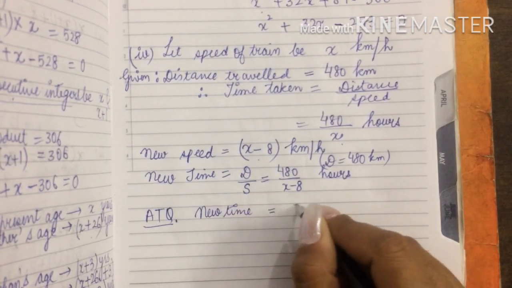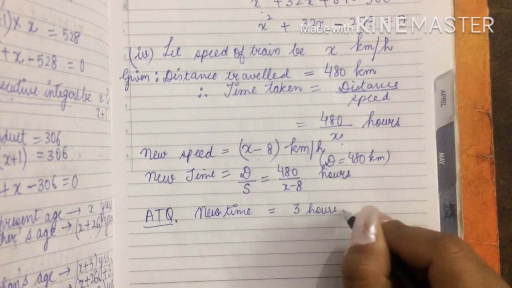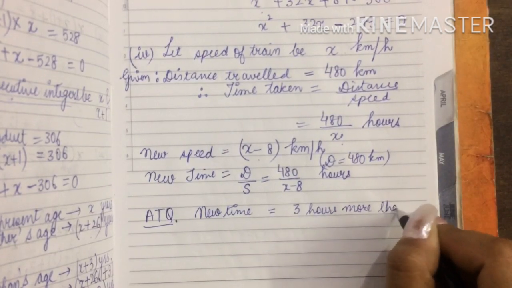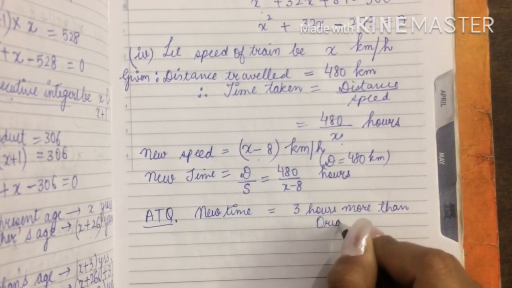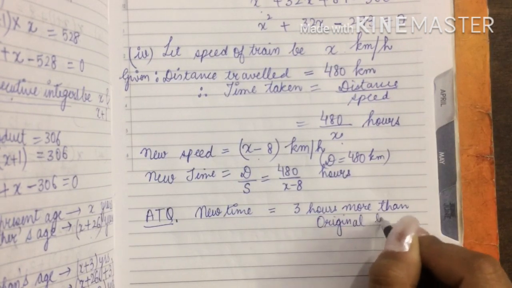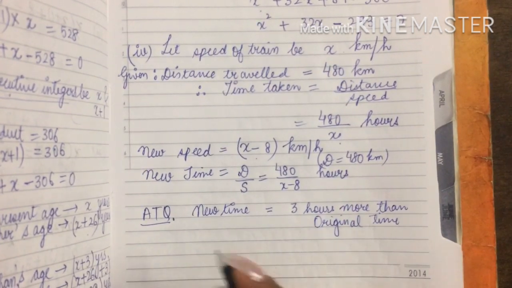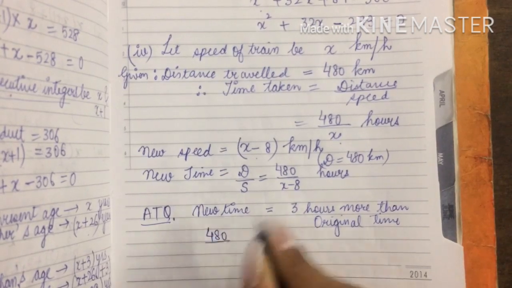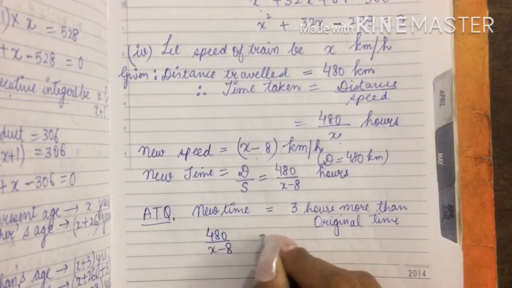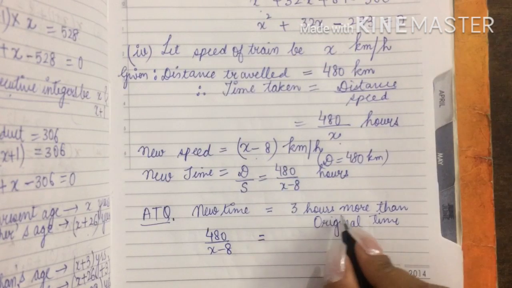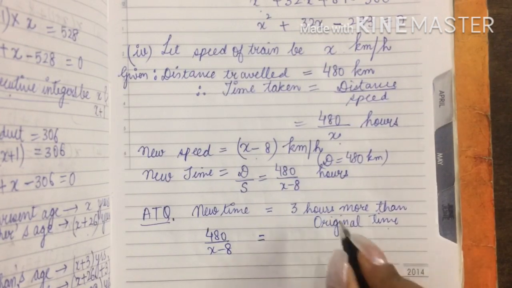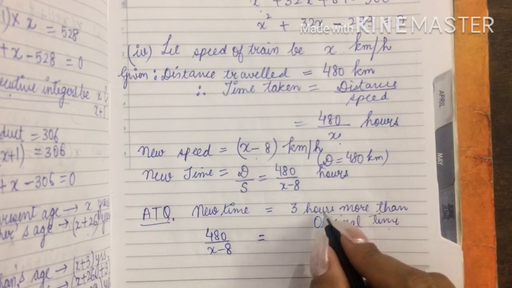New time is 3 hours more than original time. So the new time, 480 over x minus 8, equals 3 hours more than the original time. So original time plus 3.